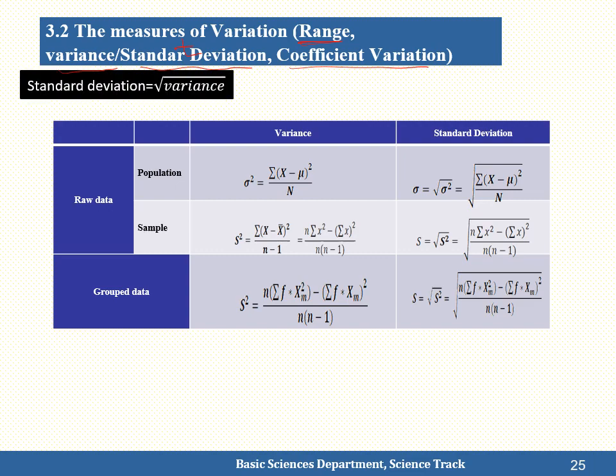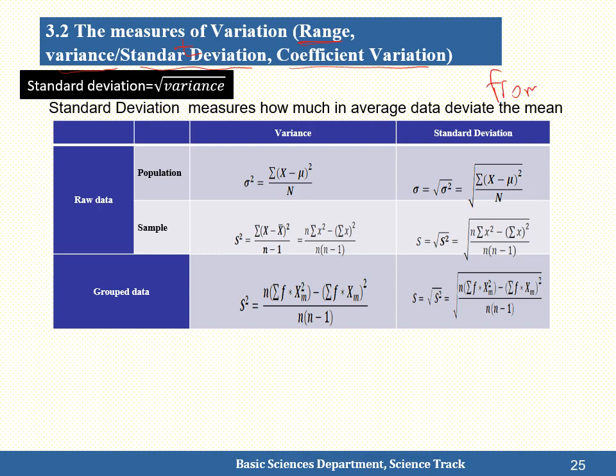We know standard deviation is equal to the square root of the variance, and standard deviation measures how much, on average, data deviate from the mean. So this is the meaning. Deviate means gets far from. And then here are the formulas for the variance and standard deviation for the different cases.